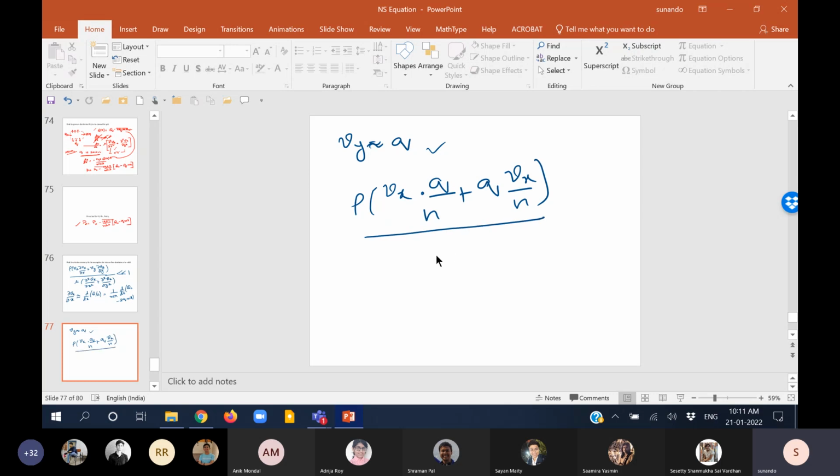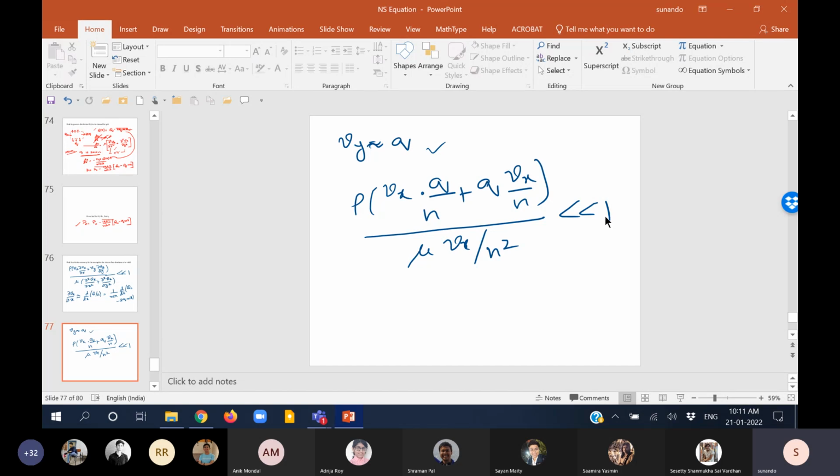Do not write them, do not say that they're equal. And this is going to be mu times Vx by H square. They should be very, very small in comparison to 1. You can simplify this and get the answer.